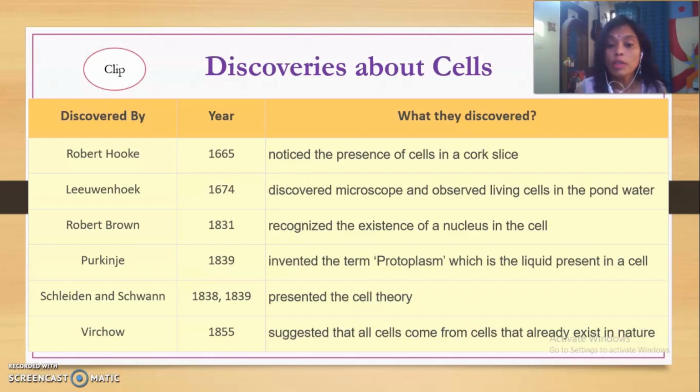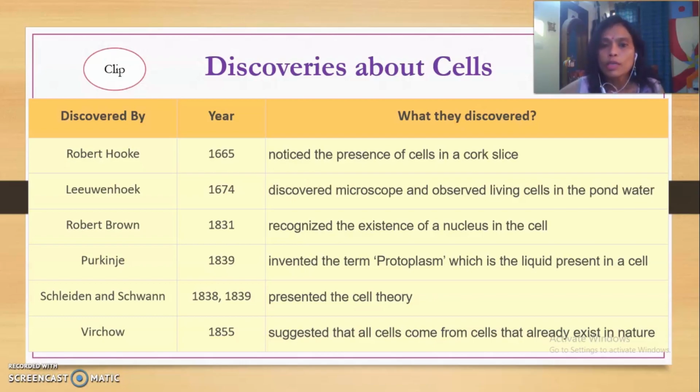But Robert Hooke was able to see the cell only through a microscope which was designed by Antoine Leeuwenhoek, a Dutch scientist. He made that microscope and sent it to Robert Hooke, and with the help of that microscope, Robert Hooke was able to discover the cell and also coin the term cell.